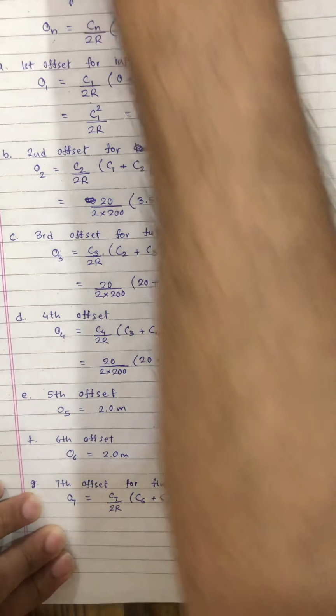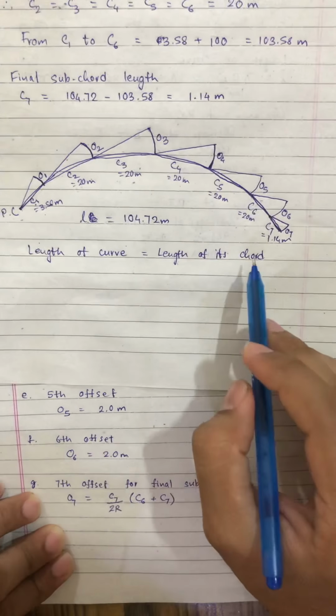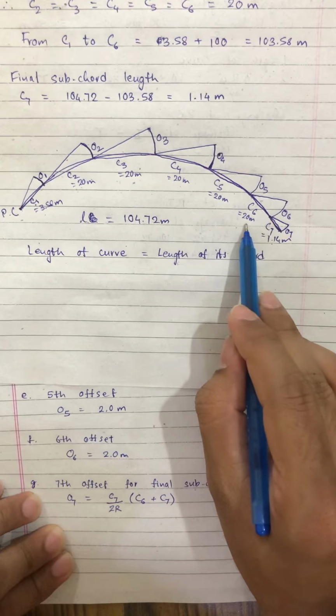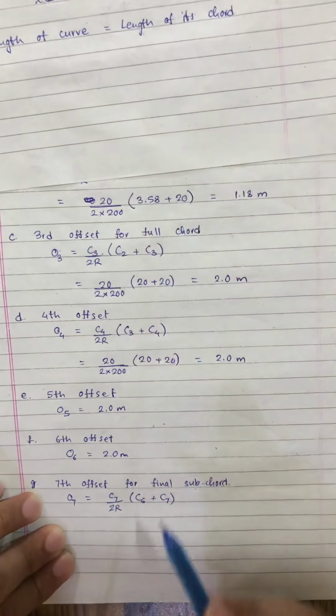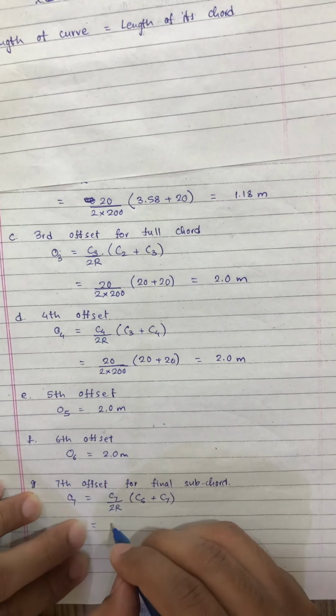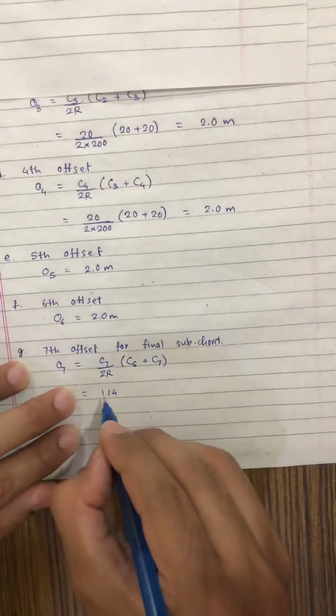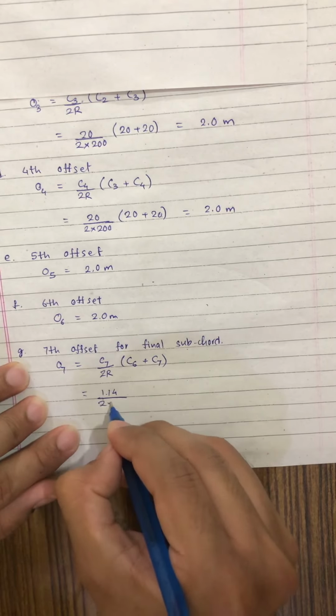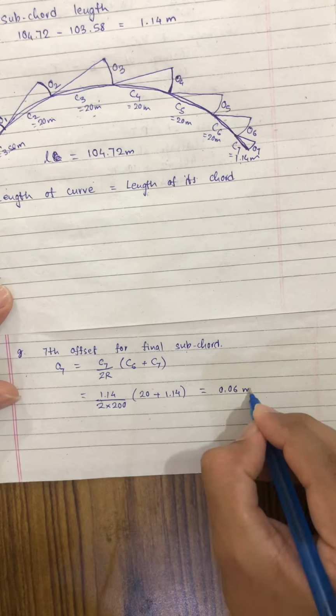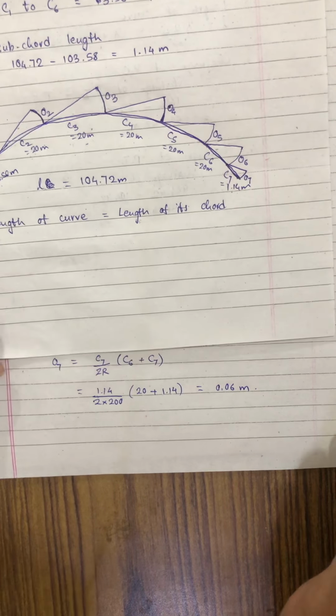Here C7 is 1.14 meter and C6 is 20 meters. So 1.14 upon 2 into 200, into 20 plus 1.14. O7 comes out to 0.06 meter.